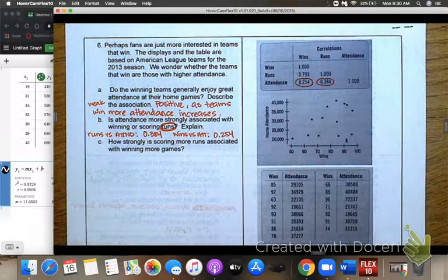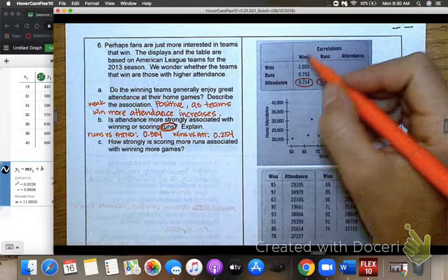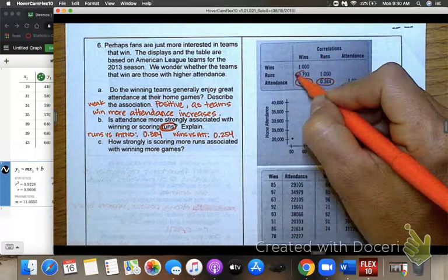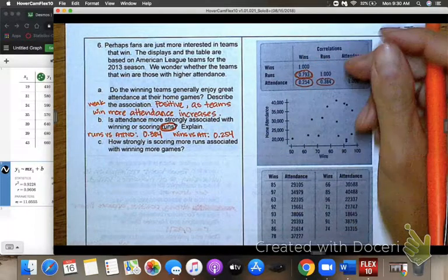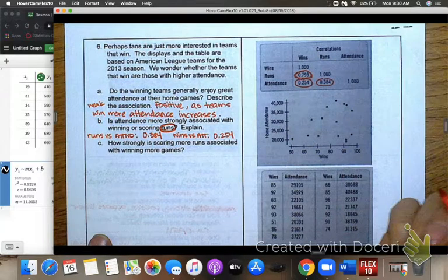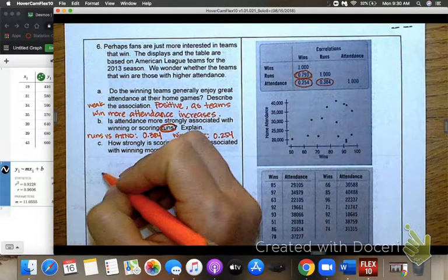Now, the last part says, how strongly is scoring more runs associated with winning more games? So let's look at the association between wins and runs, which is right here. When we look at wins and runs, we've got a 0.793 correlation. From the chart, this indicates a strong association.